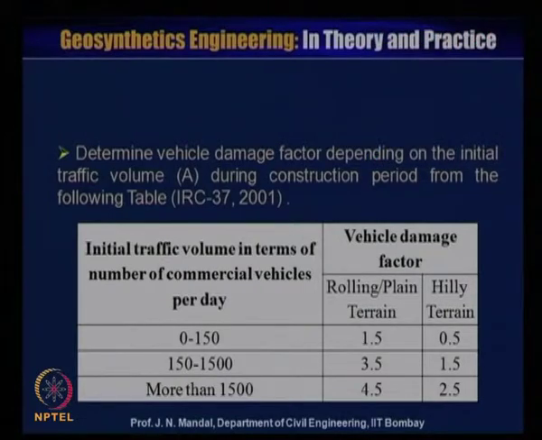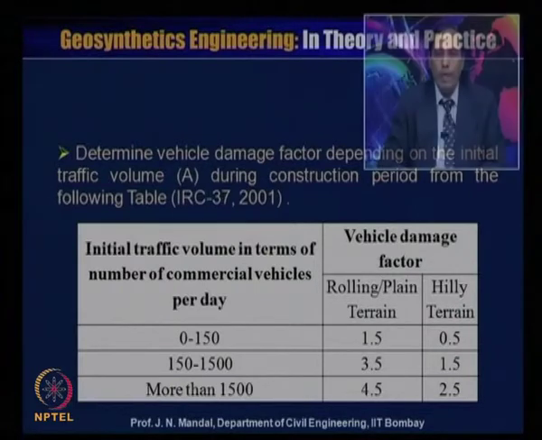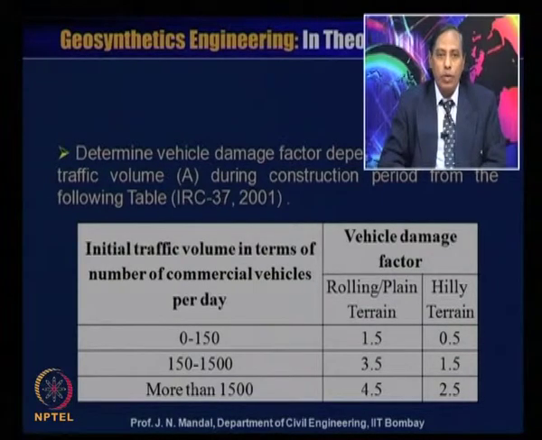And determine the vehicle damage factor depending on the initial traffic volume A, during the construction period, from the following table as per IRC 37-2001. You can see the initial traffic volume in terms of the number of commercial vehicles per day, CVD.